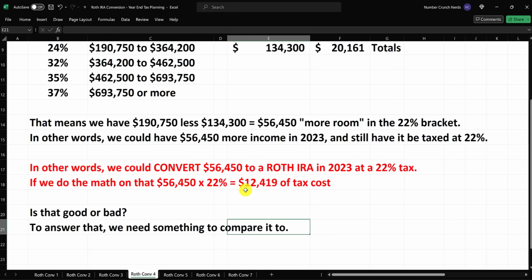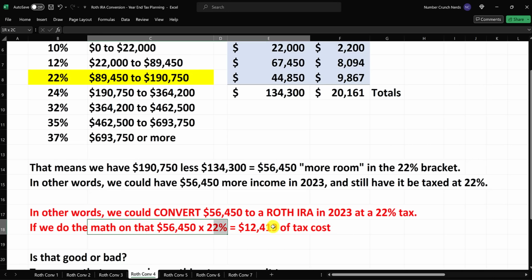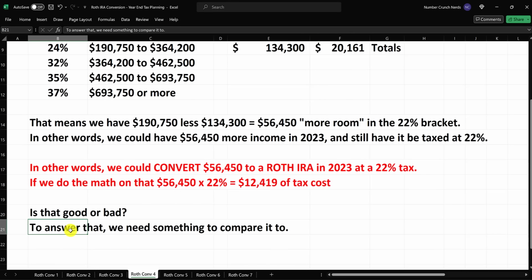And the only way you can answer whether it is good or bad to do this conversion is that we need something else to compare it to. You can't look at a tax situation and say, is that good or bad? You don't know that unless you have something to compare it to.